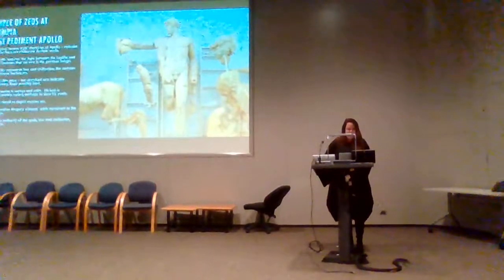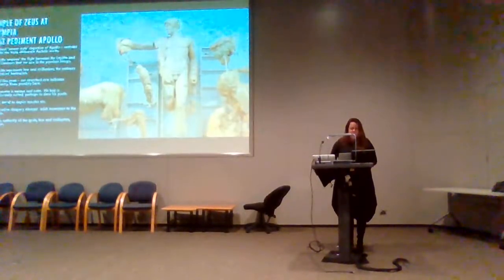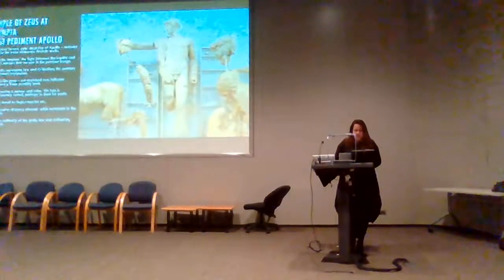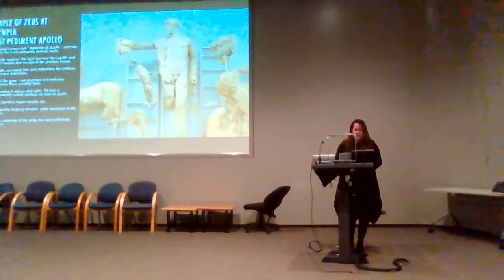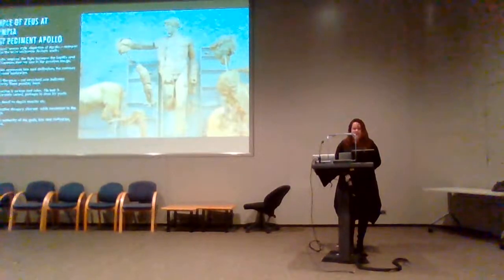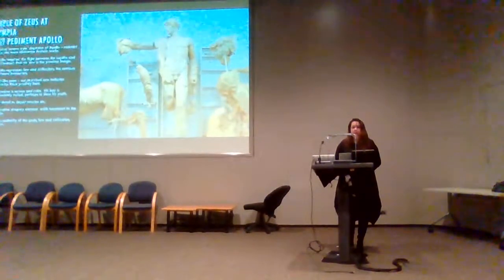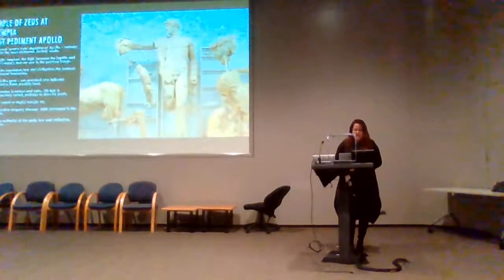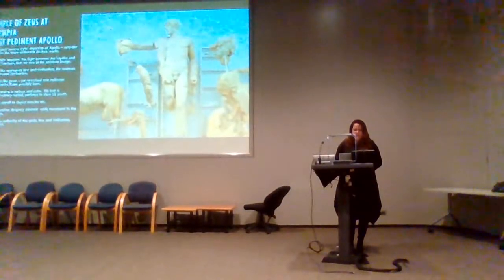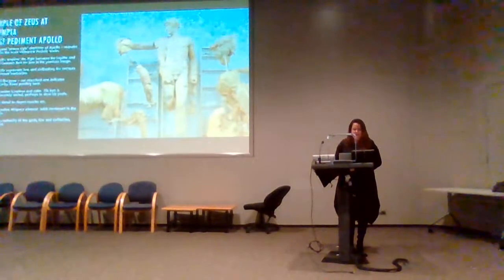So this is the West Pediment Apollo. He's umpiring the battle between the Lapiths and the Centaurs, and he represents law and civilization. It's really the same ideas that we saw in the rest of the West Pediment: authority of the gods, law and civilization, context.